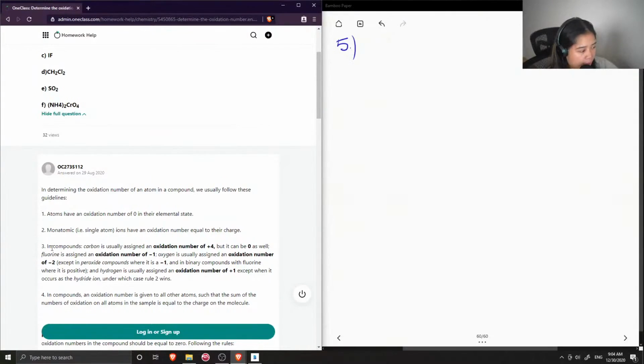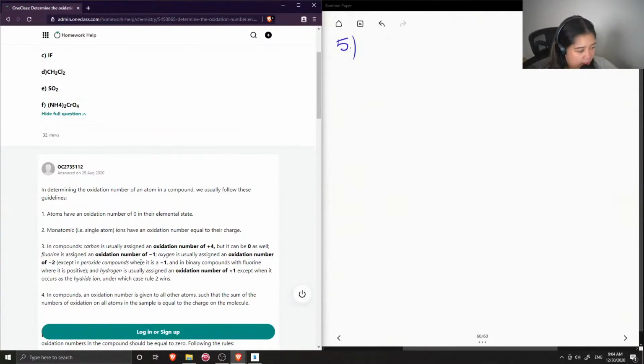And then 3, in compounds, carbon is usually assigned an oxidation number of +4, but it can be 0 as well. Fluorine is usually assigned oxidation number of -1. Oxygen is usually assigned an oxidation number of -2, except when it is part of a peroxide, it would be -1. And in binary compounds with fluorine, where it is positive.